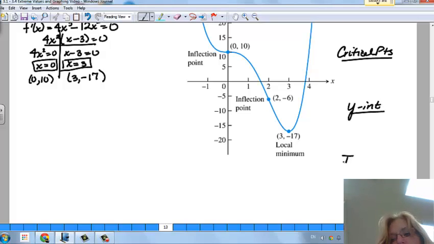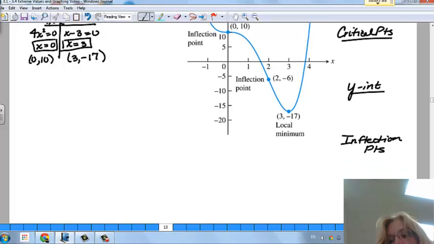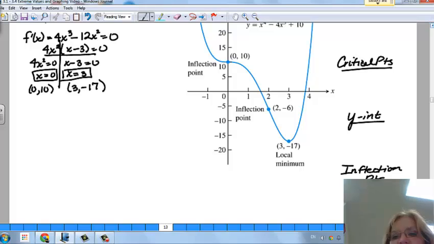We're going to do our inflection points. And if there's any vertical asymptote or horizontal asymptote, we'll put that there. In this case, there is none because it's not a rational function, but we're going to be looking at all things to do with the graph. Okay, so we're going to fill these in as we go along.